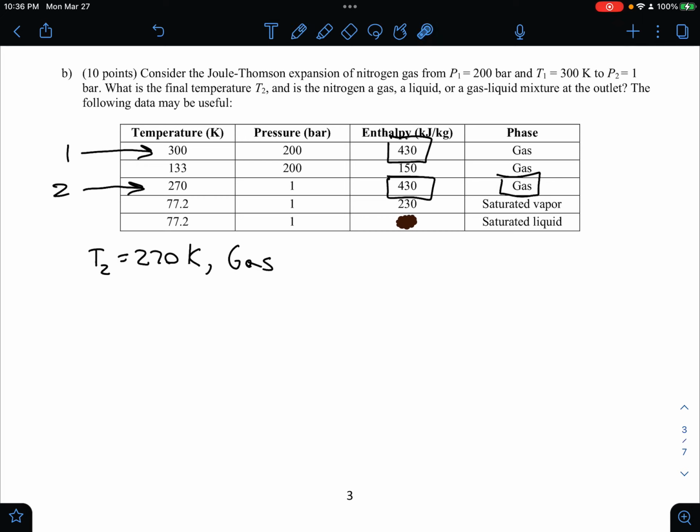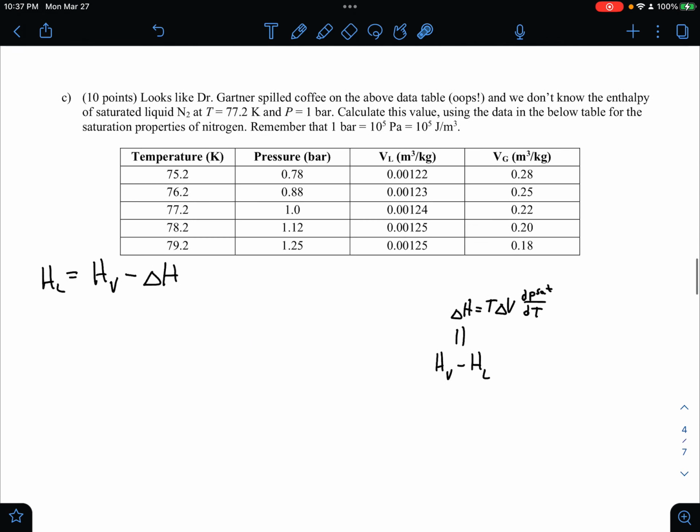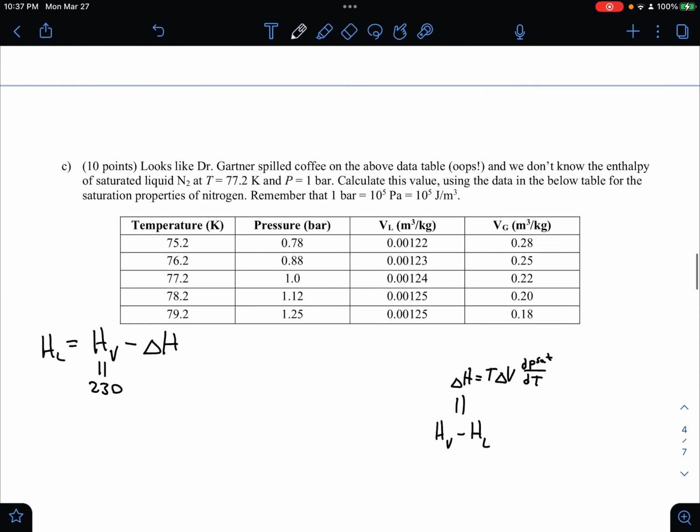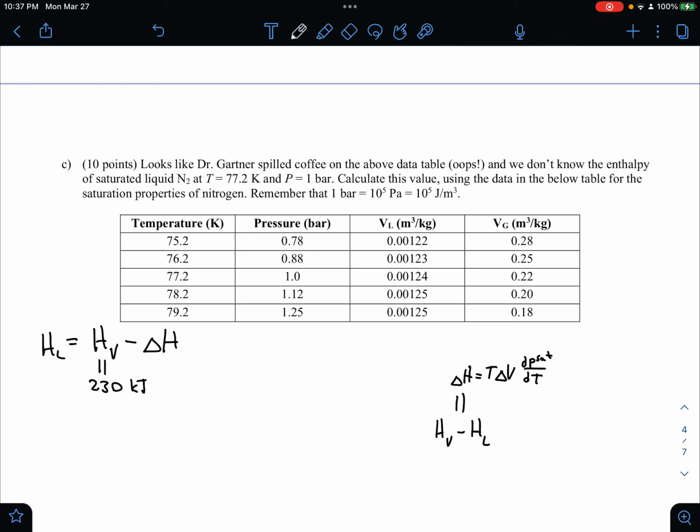H of the vapor is 230 in this table. So this is equal to 230. Check the units. This is kilojoule per kilogram.